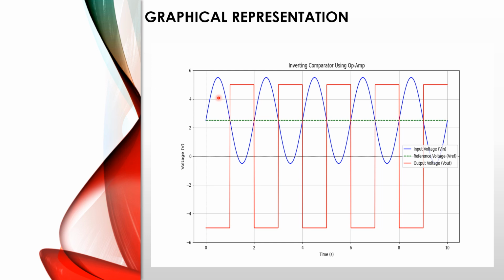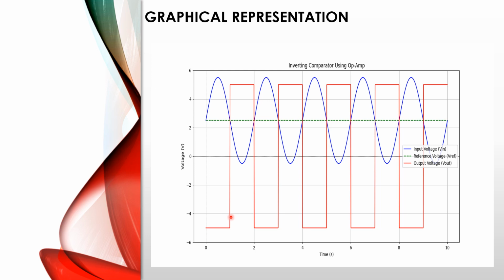So when V in, the blue line, is greater than the reference voltage, for the positive half cycle of the sinusoidal signal, the output will be minus VCC. So here we get this minus VCC on the negative axis.